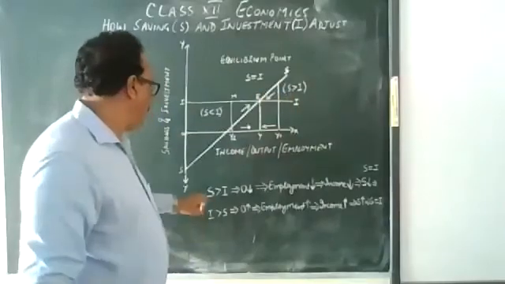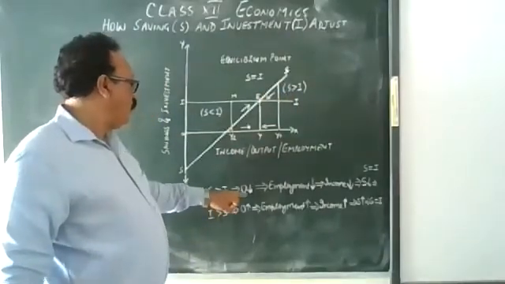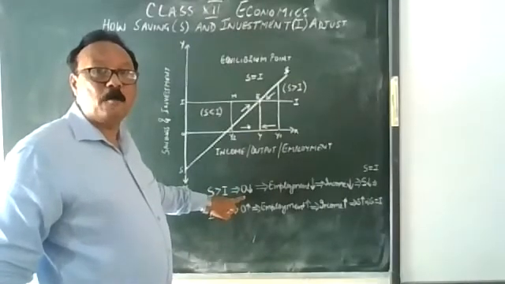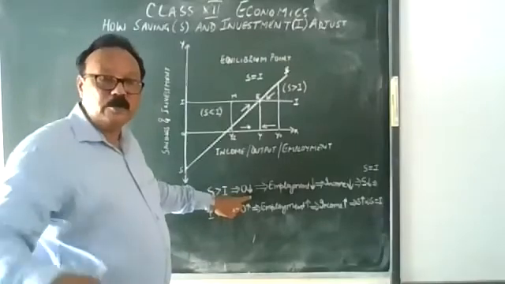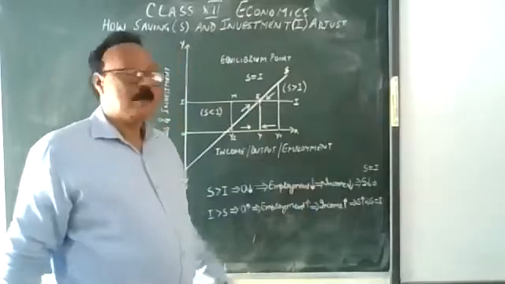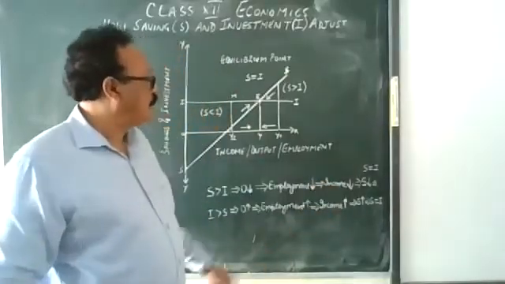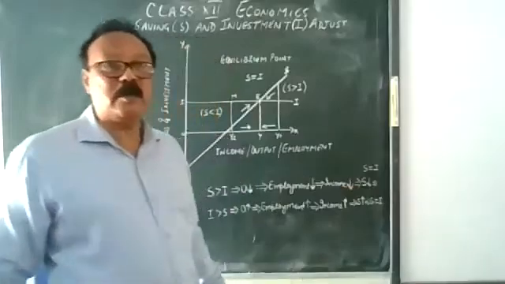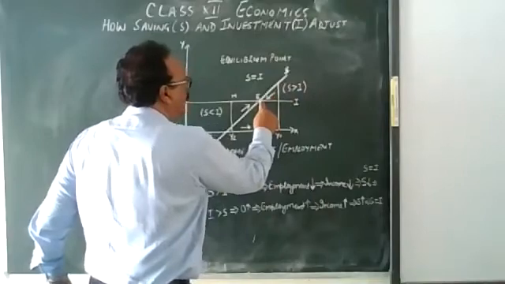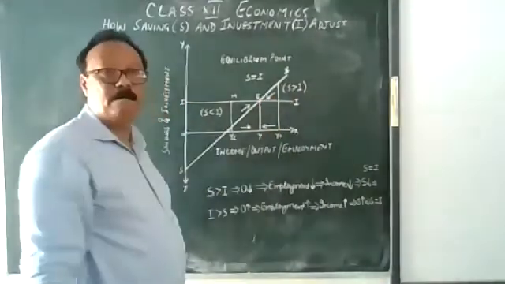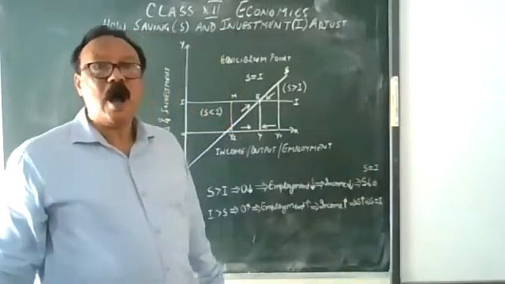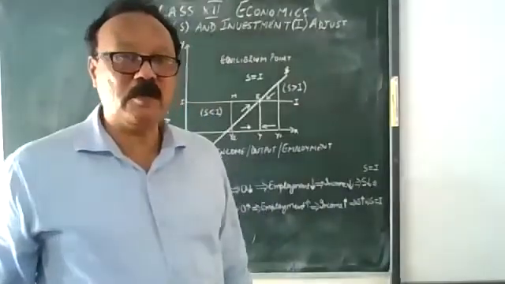So when savings is greater than investment, what will happen? Your output will reduce, employment reduces, income reduces, savings also will reduce, and they will keep on reducing till it comes to the point E, till S is equal to I.